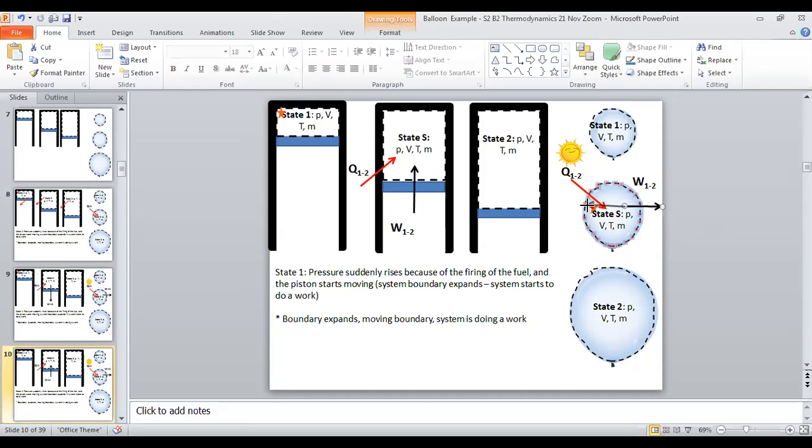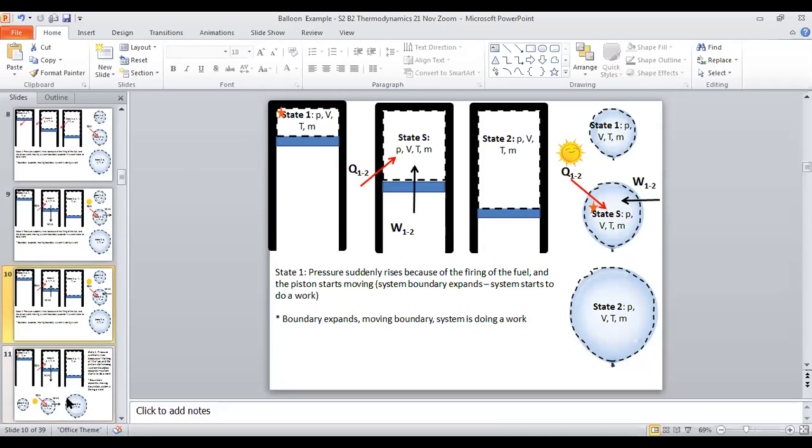W12 receiving by the system. So your sign may be minus or whatever, but the direction is always received by the system, work and energy. It's this.